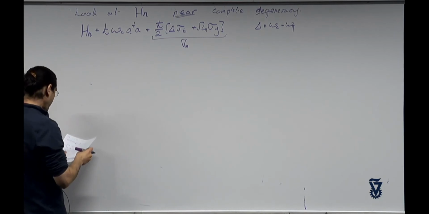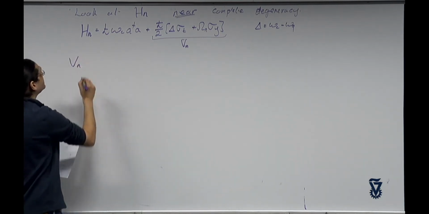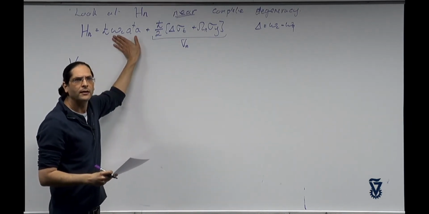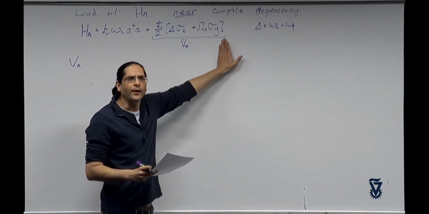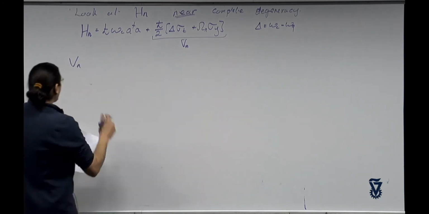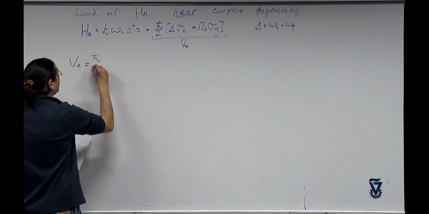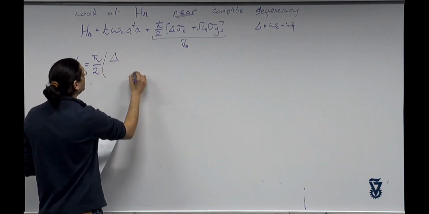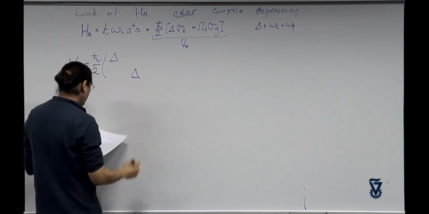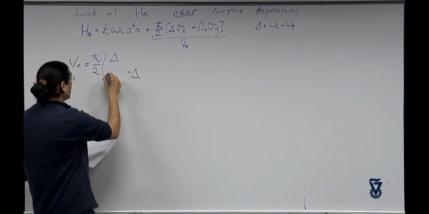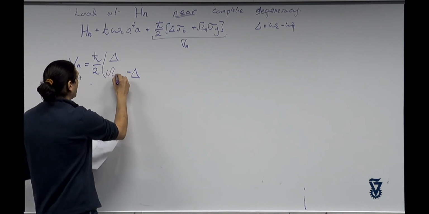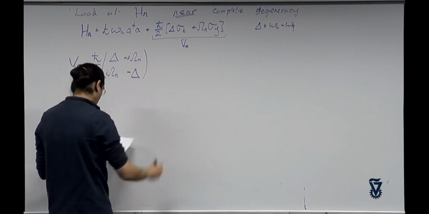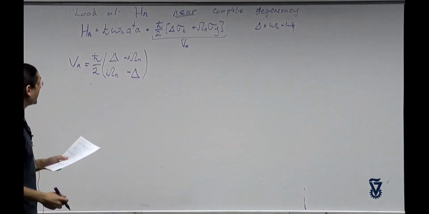And if we look at Vn, so again, going through the interaction picture, get rid of this part. This is the important part. Okay, Vn. And now we can write Vn in matrix form. So we'll have delta and delta over here. Here we'll have i omega n and minus i omega n.